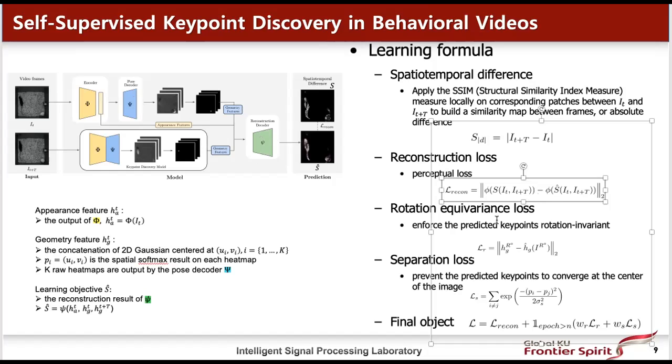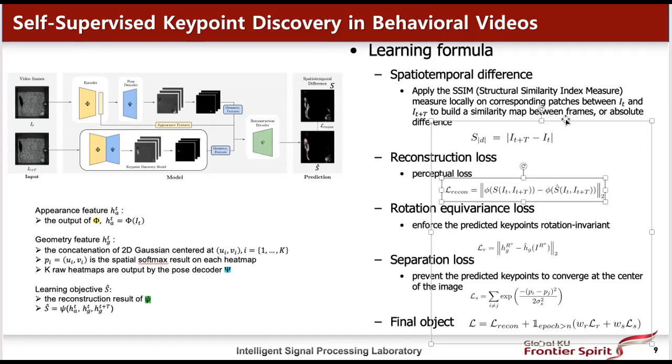Okay, and so that's what I'm saying. Your reconstruction loss, you're calculating from the embeddings of the network encoder, right? Yeah. Okay, so you calculate that loss, and still embeddings of I sub T and I sub T plus T, right?